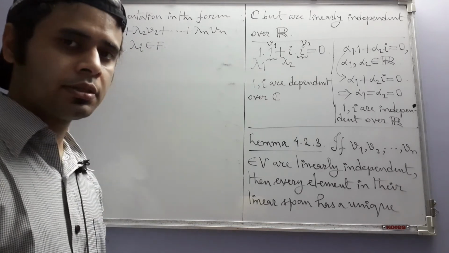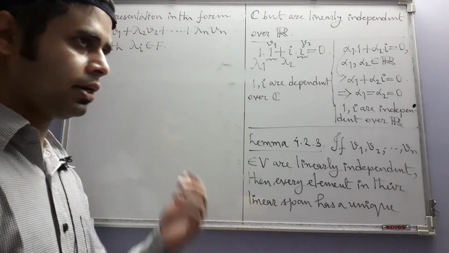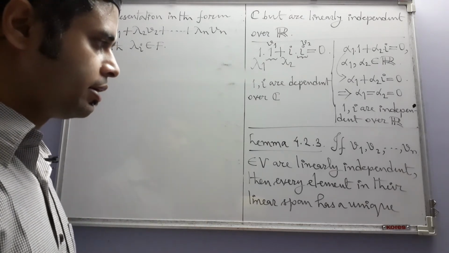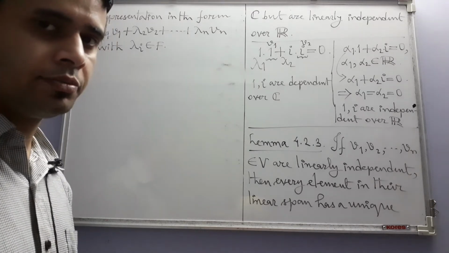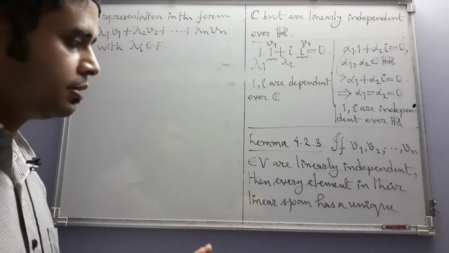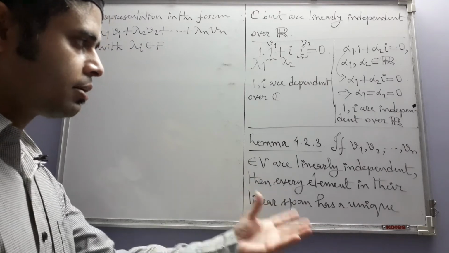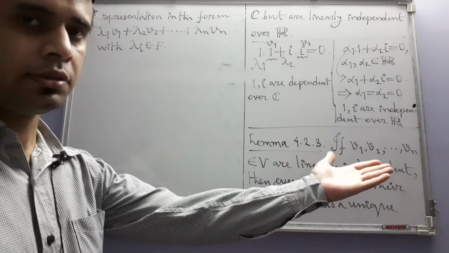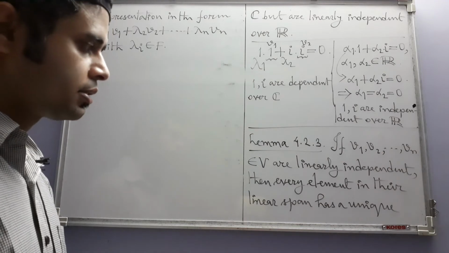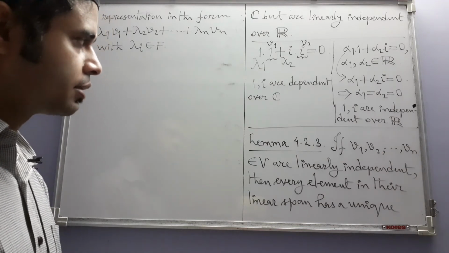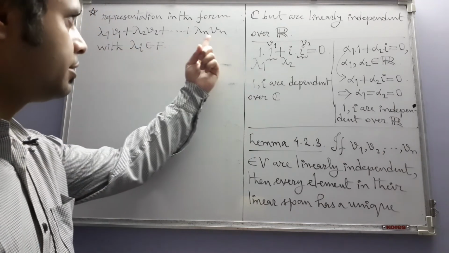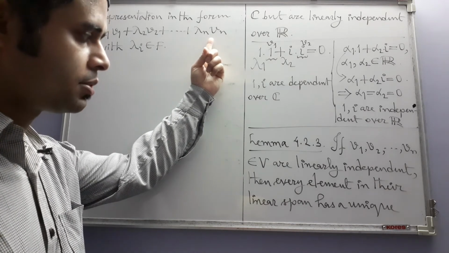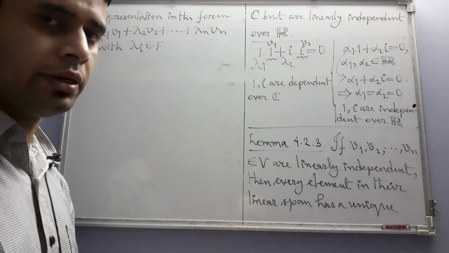So this lemma says that if we are given finitely many vectors that are linearly independent, not dependent, independent, then you can consider their linear span L. In that linear span, every vector looks like this. That we already know; in fact, that comes directly from the definition of the linear span.